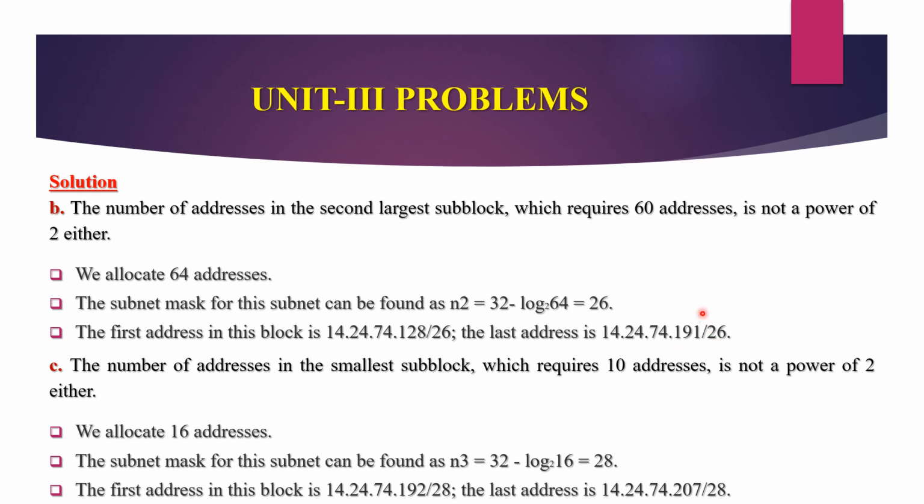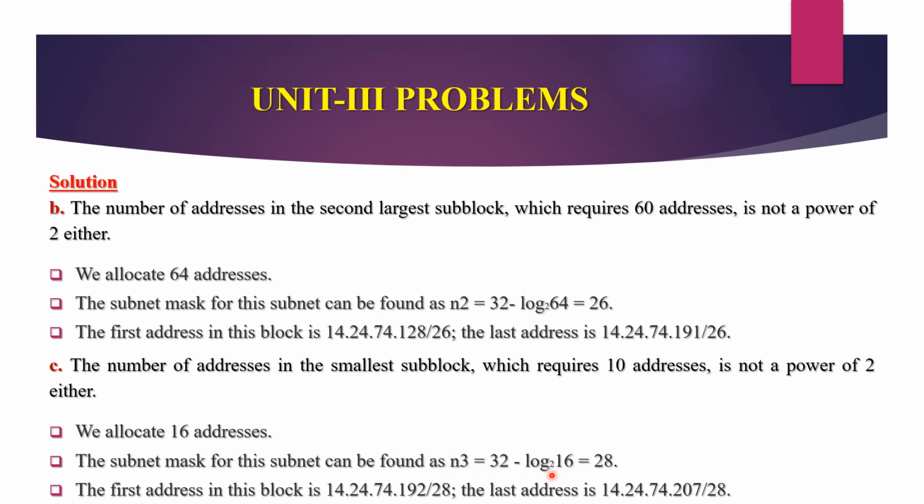The third case is the smallest subblock, which requires 10 addresses. 10 is also not a power of 2, so we allocate 16 addresses. The subnet mask for this subnet is n3 = 32 - log2(16), that is 28.